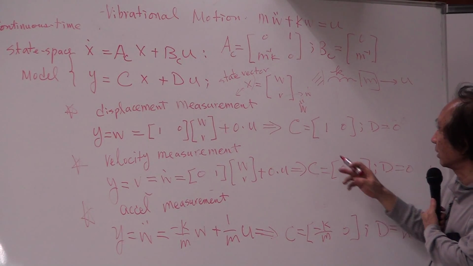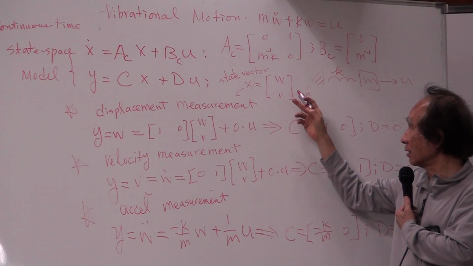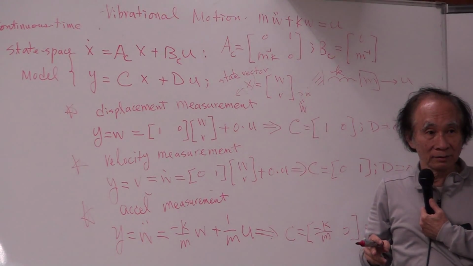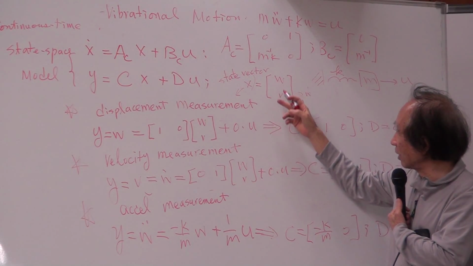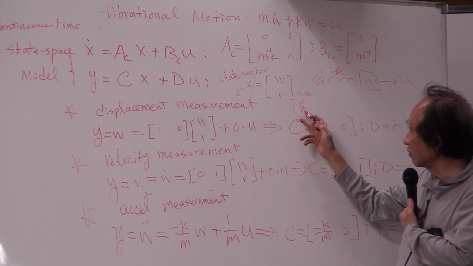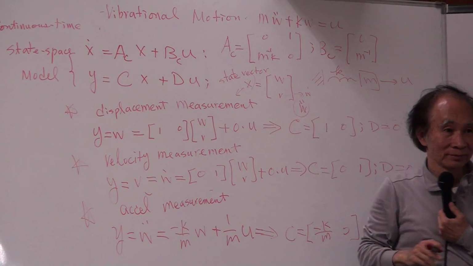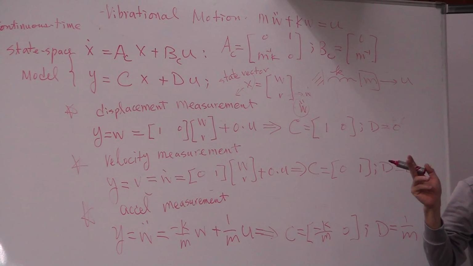The simple question is, W dot and W, they are not all independent. Only two are independent, W and V, that is W and W dot. The other is not independent because it can be solved from here and there. Agree? So only two independent states, W and W dot.